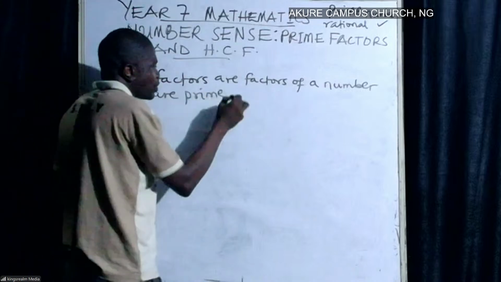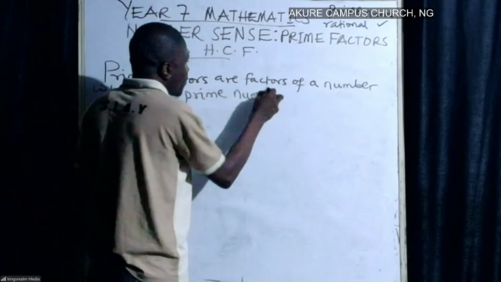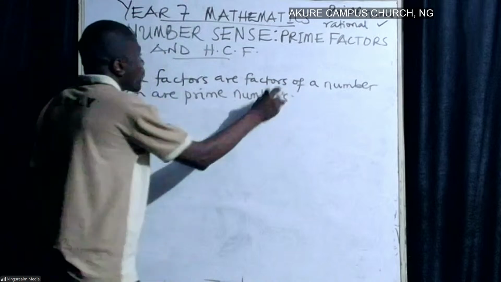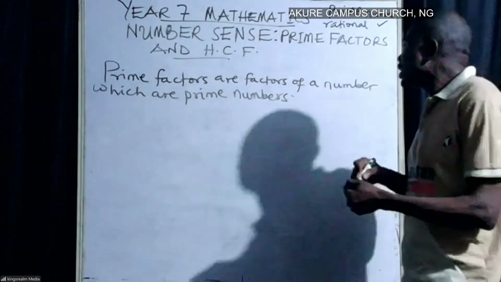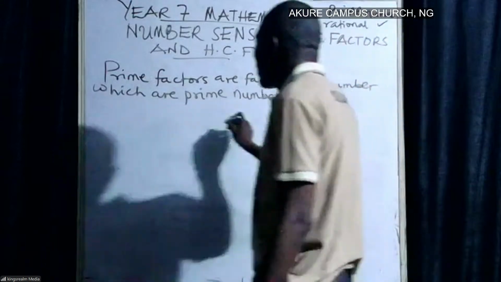So prime factors are factors of a number which are prime numbers. And the example of prime numbers.